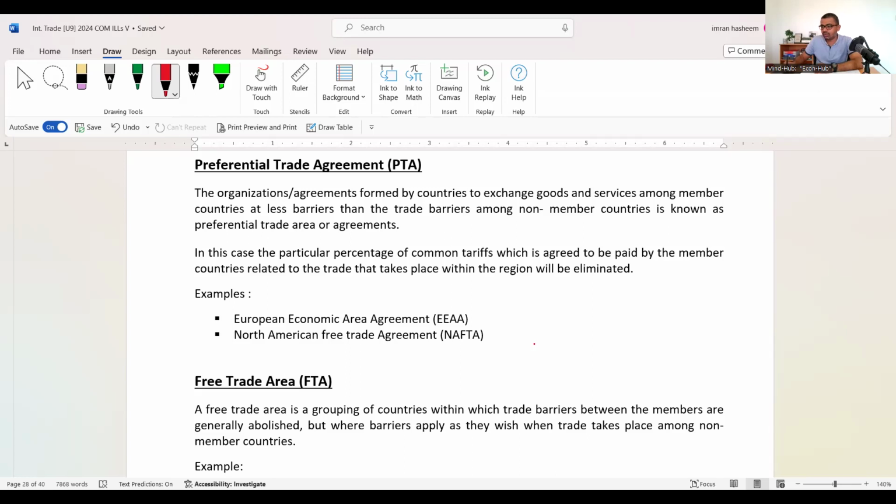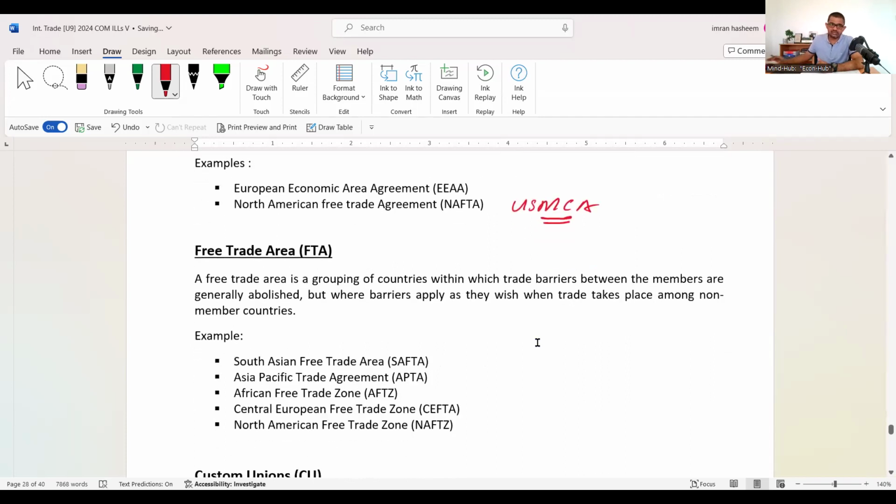Okay, now they like to call this USMCA, United States, Mexico, Canada Agreement, or certain understanding they have. Okay, because North America is basically those countries, Mexico, USA, then Canada.